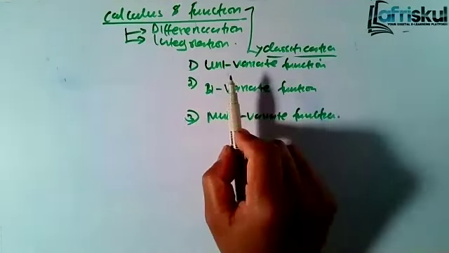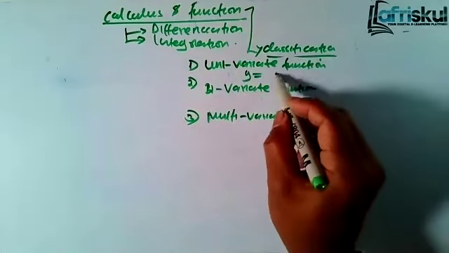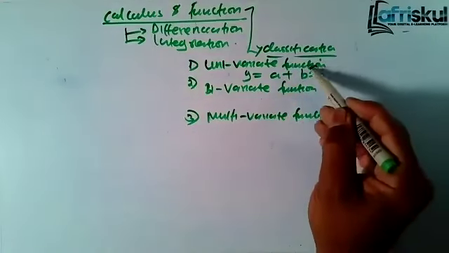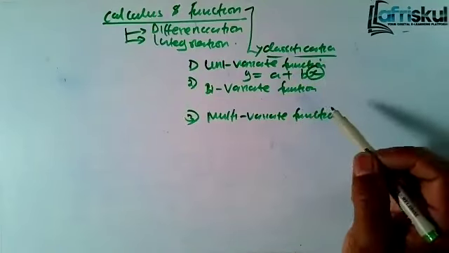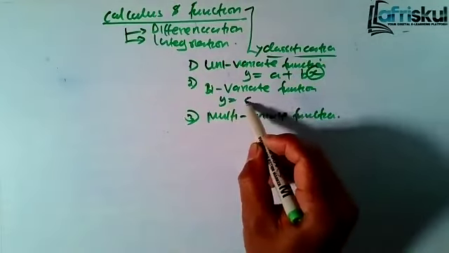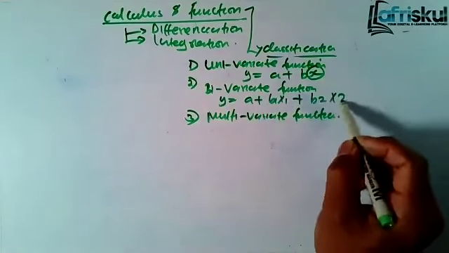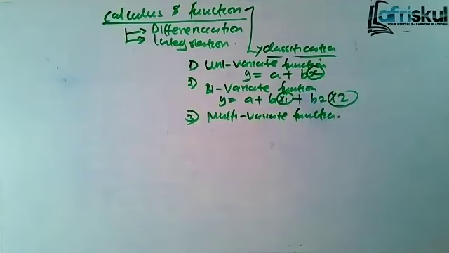A univariate function is a function with only one independent variable, e.g., if I give you a plus bx. In this case our independent variable is only one, that's our x. A bivariate function has two independent variables, e.g., y is equal to a plus b1x1 plus b2x2. In this case we have x1 and x2, so we have two independent variables.